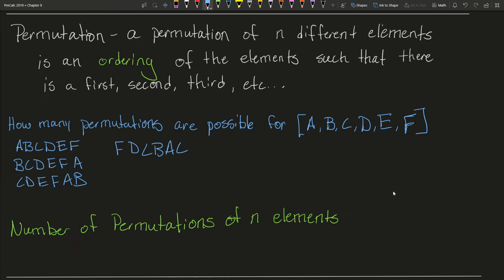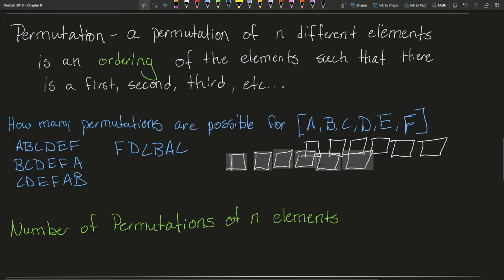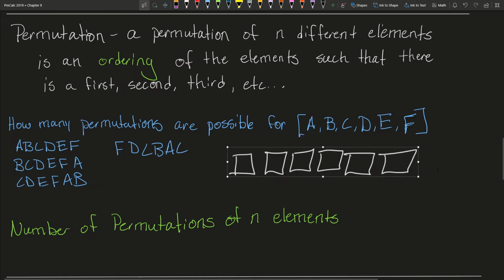There are all these different orders, and you can do that systematically, but it's going to take a really long time. So instead of doing that, what we can do is split each of these positions into different events. There are 6 different positions in A through F, and we want to see how many different orders there are.